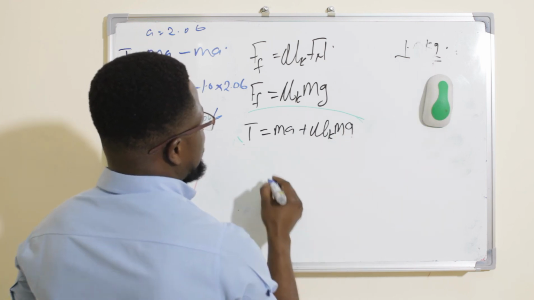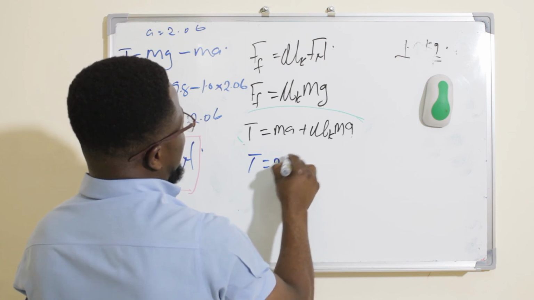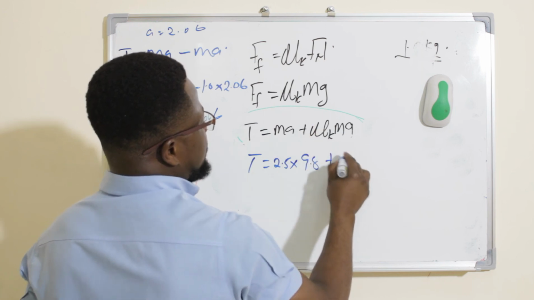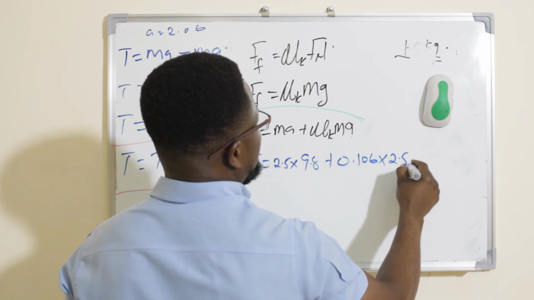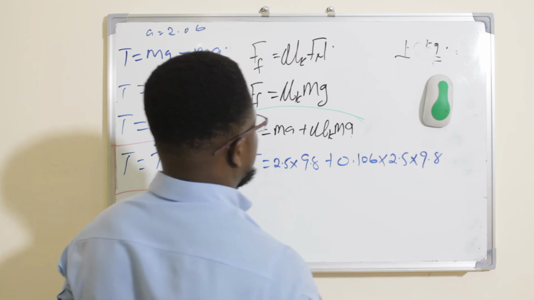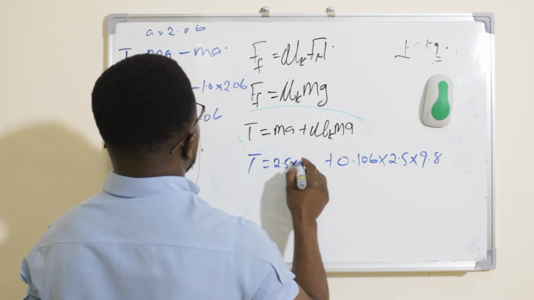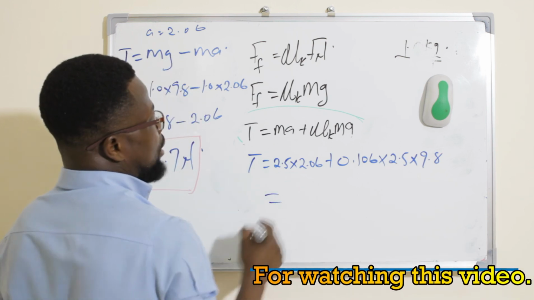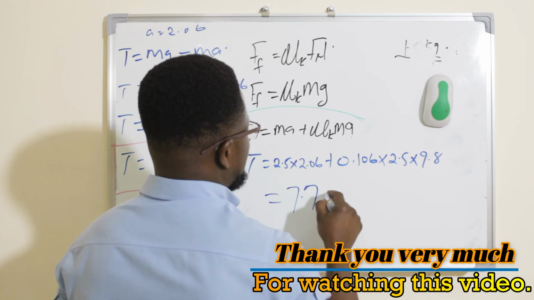T is now the mass, 2.5, multiplied by A, plus the mu, which was 0.106, multiplied by 2.5, and then we'll multiply that by 9.8. Oh, sorry, this is the acceleration, so let's put the value of acceleration there. The acceleration is 2.06. So if you work out this together, we should have 7.7 newtons as well.